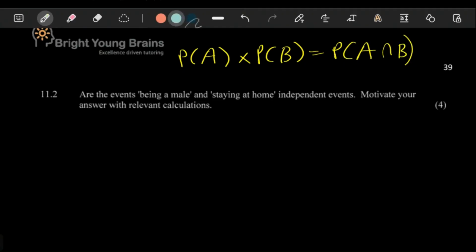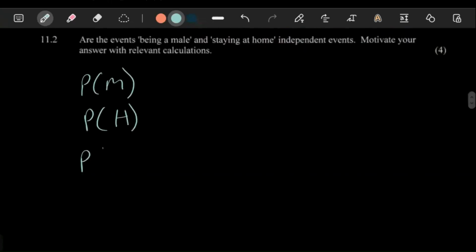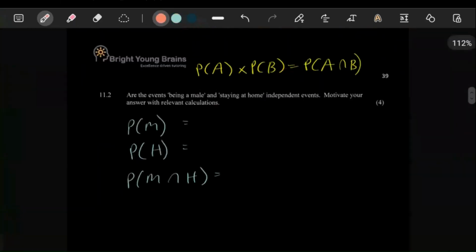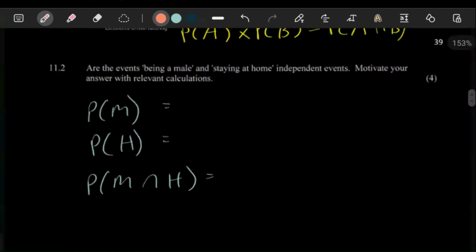So we need the probability of male, the probability of staying at home, and the probability of being male and staying at home. These we can get from our table, and then we put them in our formula. If it balances, they're independent events. If it doesn't, they're not.